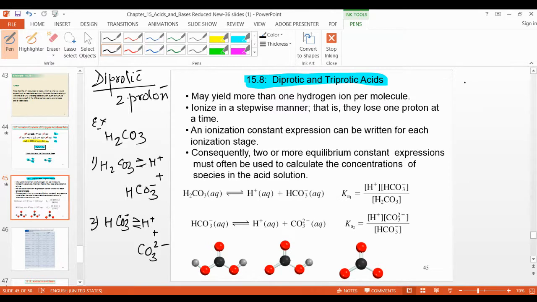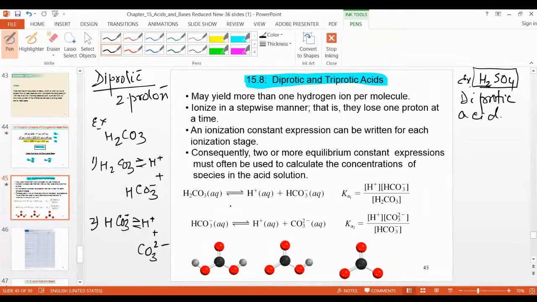So this only you understand. Diprotic acid, this one, and another diprotic acid we have, for example, H2SO4. This is also a diprotic acid. But this is not a weak acid. I'm not using this in this case because it is not a weak acid. I'm only using weak acids.